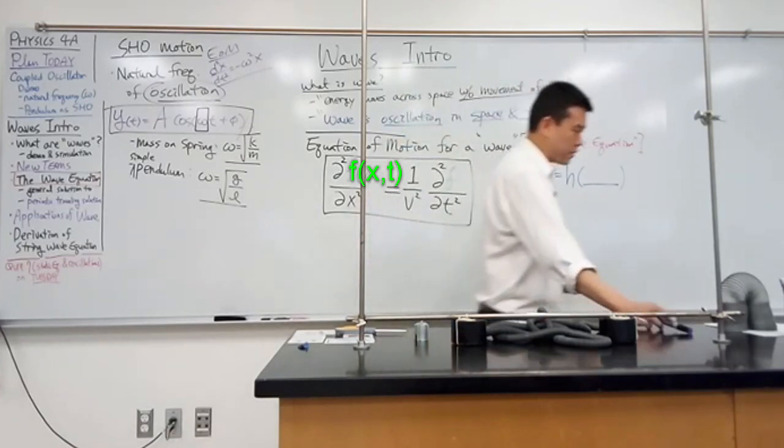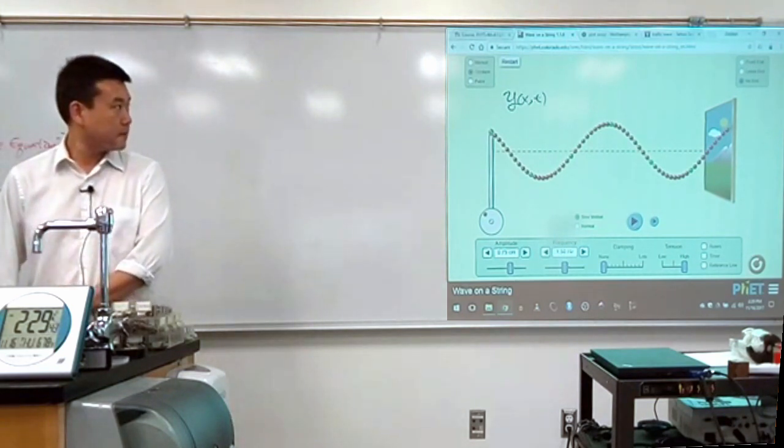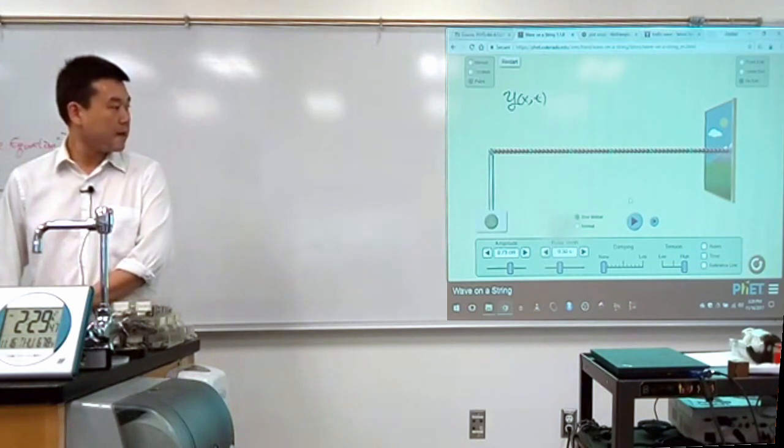Let me give you some intuition for this, actually. You can intuitively get at this. Let's see, pulse. Yeah, slow motion. Let me generate a pulse. Okay, there you go.